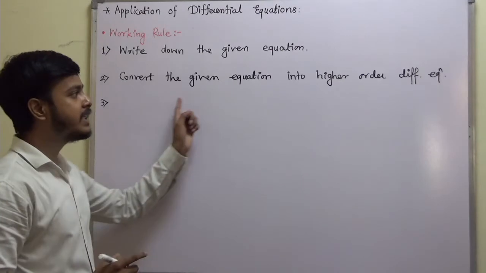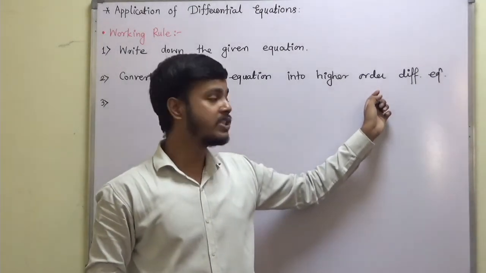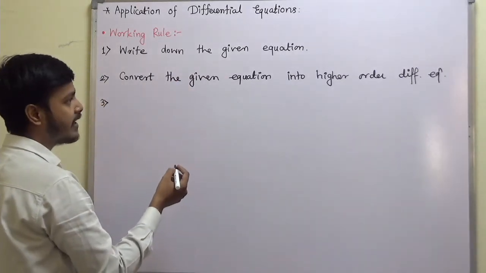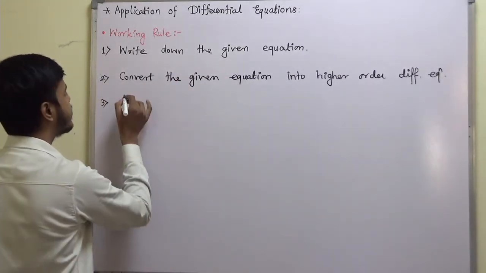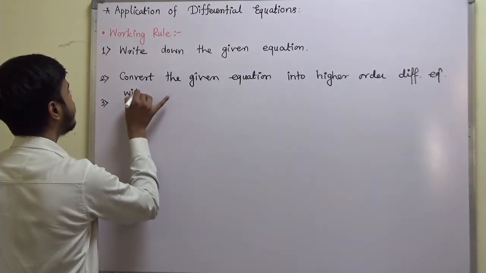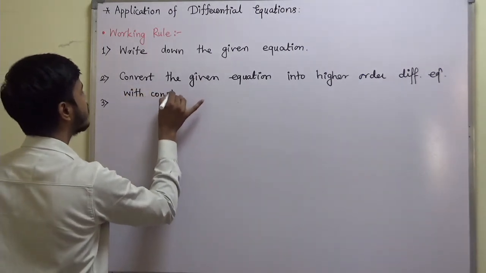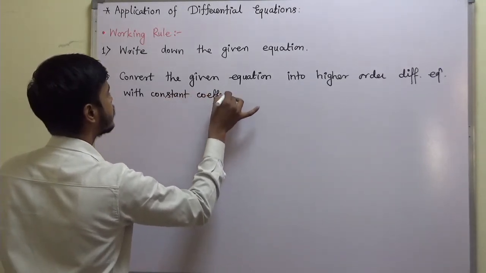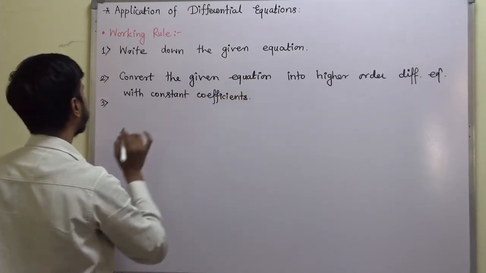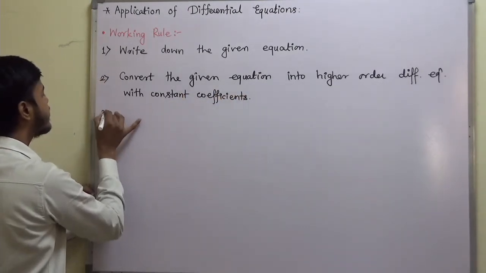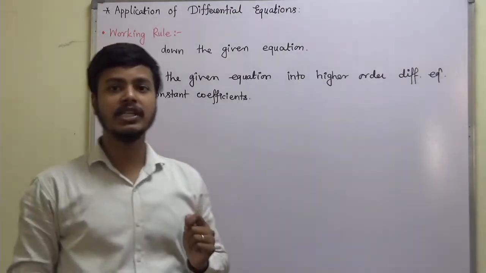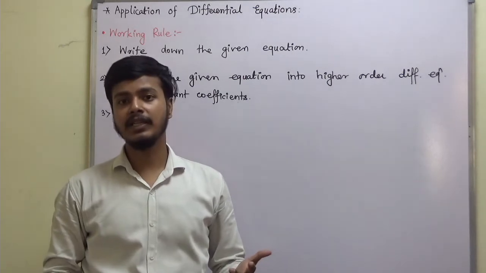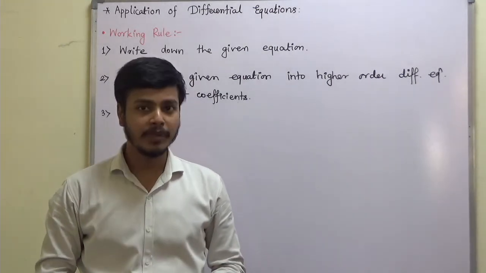Once you have converted the given equation into a higher order differential equation with constant coefficients, the third step says you are smart enough to find out the complementary function.